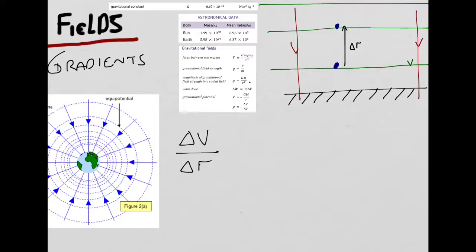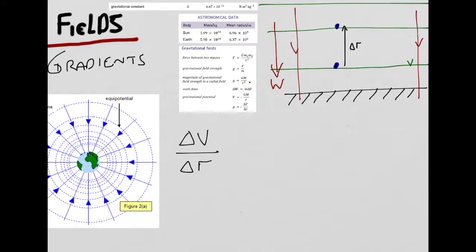Now, when I do change the radius of that object slightly, I'm going to have to do work, because there's a gravitational field. The gravitational field of the Earth is pulling down on the object in this direction with a force W, the weight. So there is a weight going down in that direction, and if I want to move the object up, I've got to fight against that.